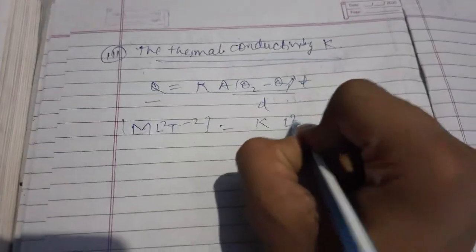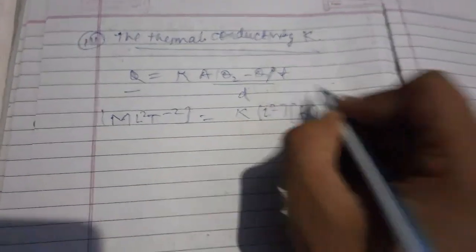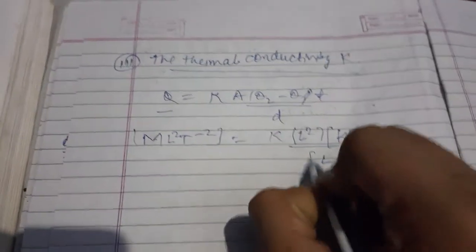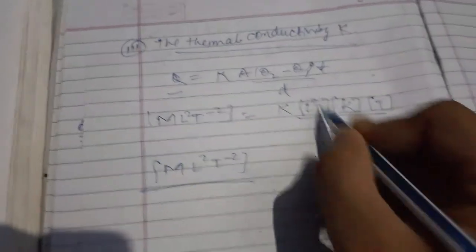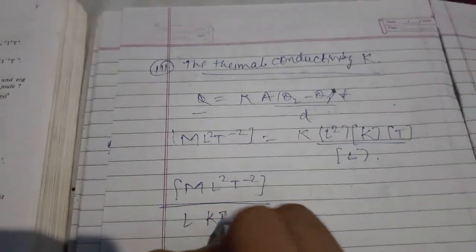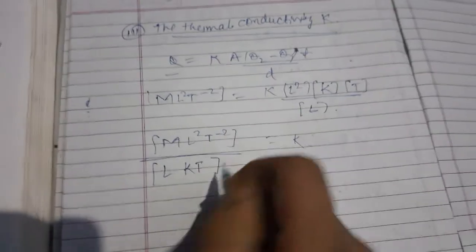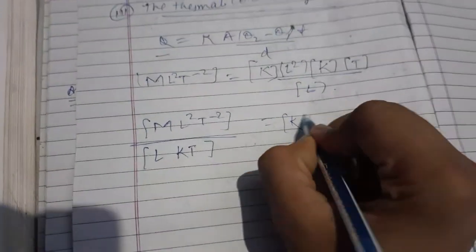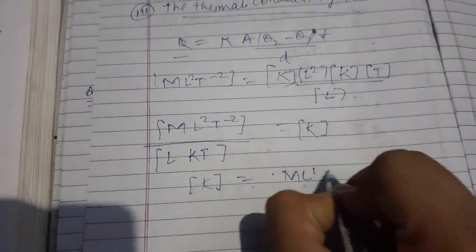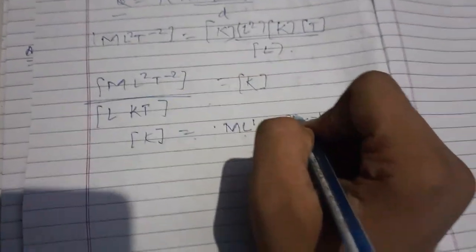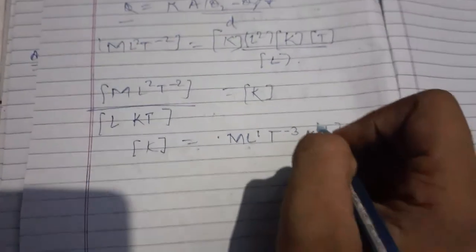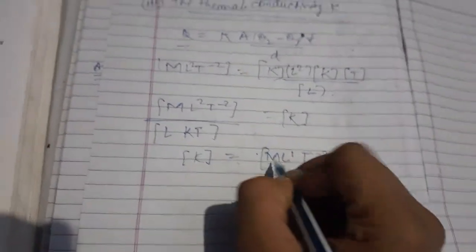A is the area, L square, theta is the temperature, so its dimension will be Kelvin, T is time, and D is distance L. So the dimension of K, that is thermal conductivity, is M L1 T minus 3 K minus 1.